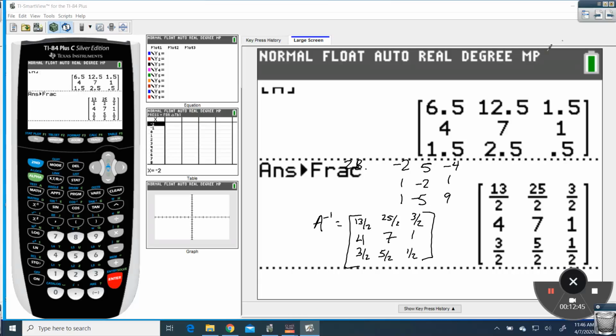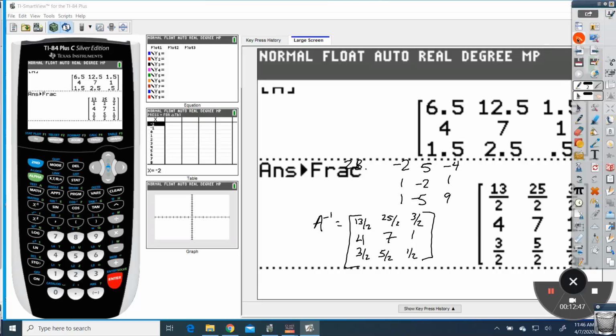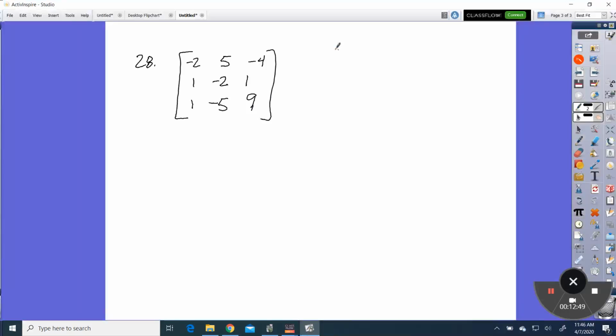There is a way to do this all by hand. I'll briefly explain how that would be done. I'm not going to do it. It would take a while. Also, it's the bonus on your quiz. What you do is you put your identity matrix on the right-hand side.